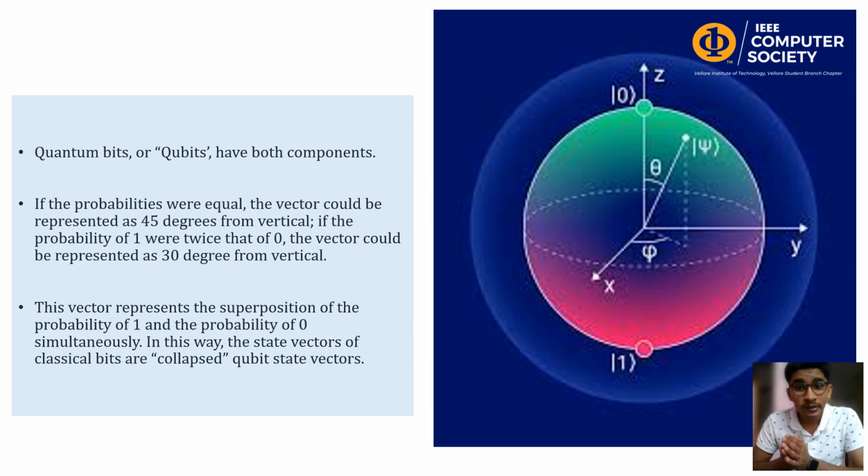But if we consider all the probabilities while it's in the air, spinning, there are chances of either 0 and 1, or also the phase between 0 and 1. So now I'll move to the next slide.